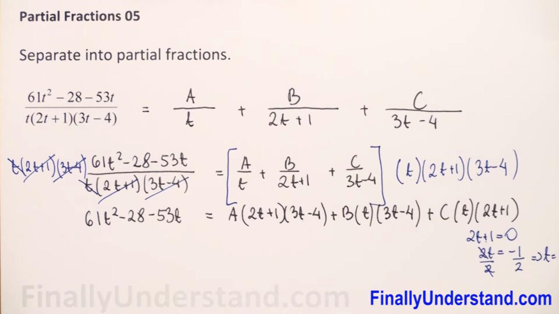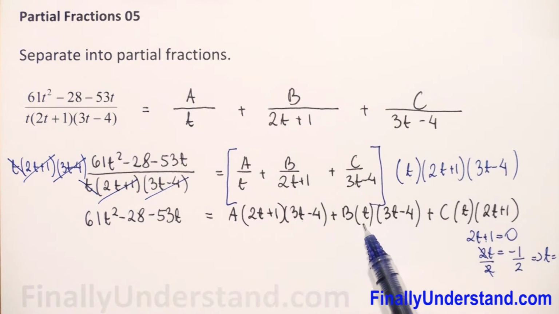So for t equals negative 1/2, this first expression in parentheses will be 0. When you multiply by 0, these two terms will reduce. And for t equals negative 1/2, the last expression will reduce also, because here we will have 0.